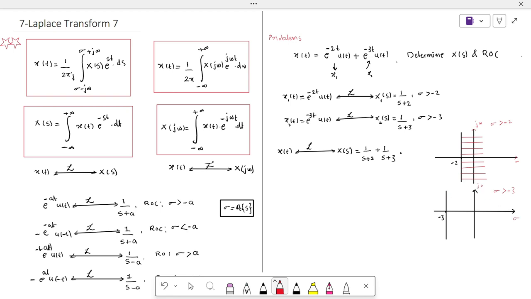This is sigma and this is j omega. So sigma greater than minus 3, this is the right side.